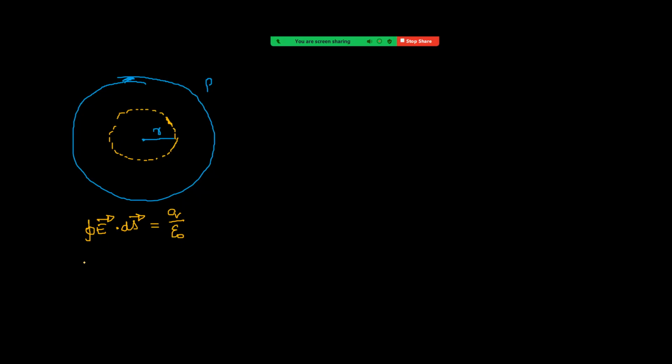So we can write E into 4 pi r square equal to 1 by epsilon naught times the charge.